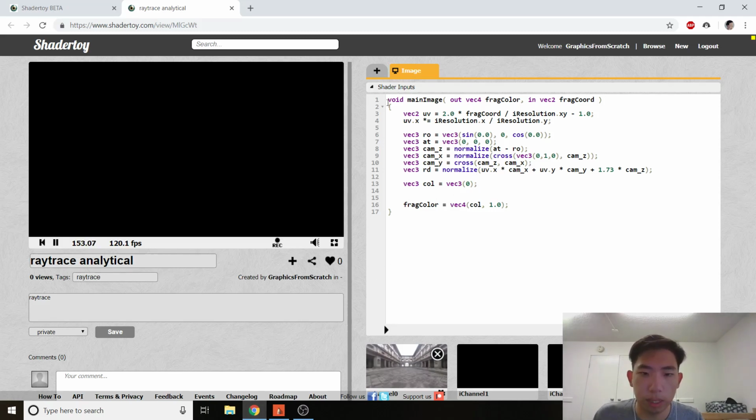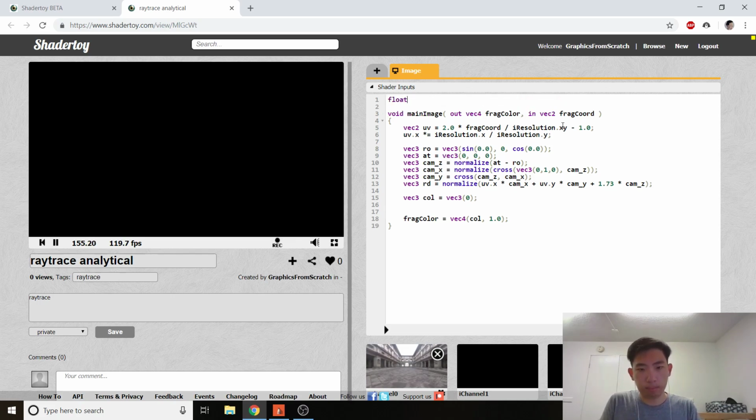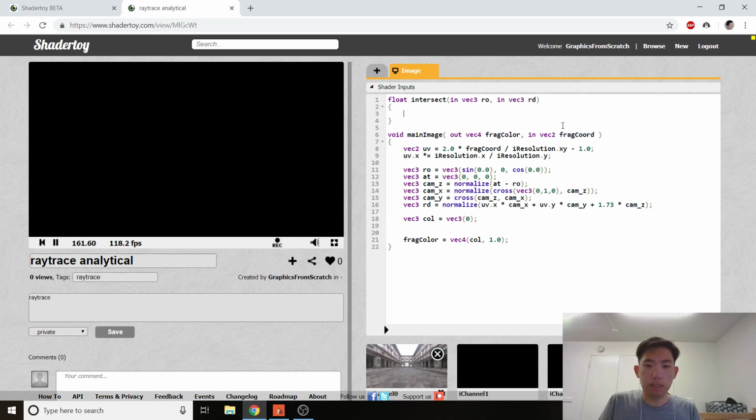Let's first write the intersect routine. Given the ray origin and the ray direction, it returns the parametric t value that maps to the intersection point.